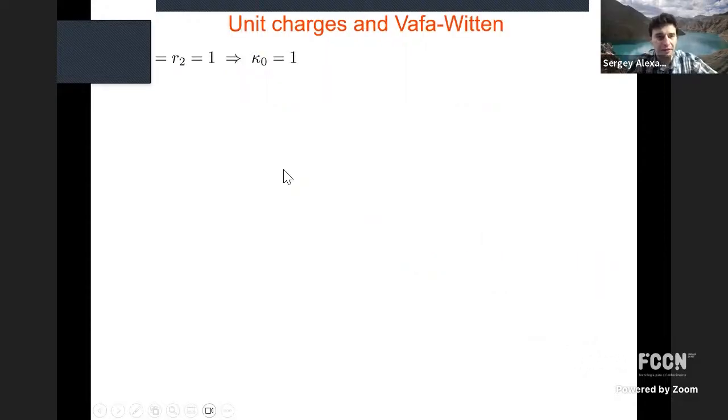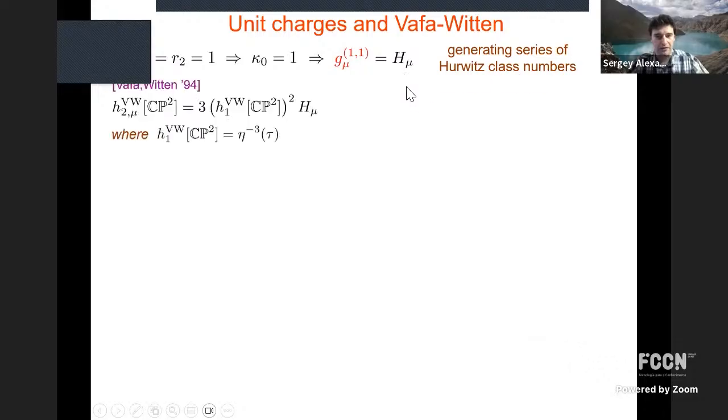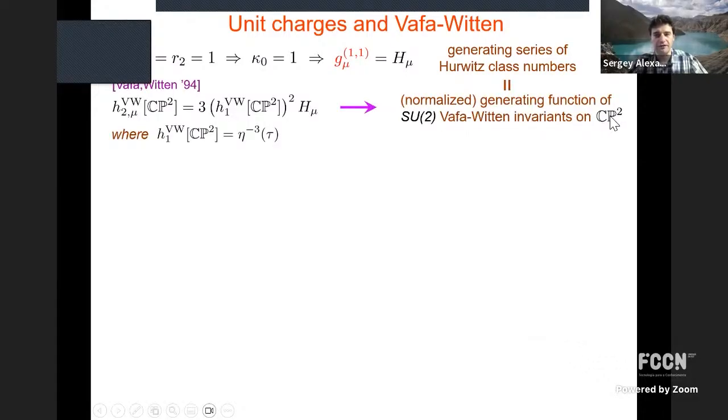Now let's consider a special case where all parameters are equal to 1, so that this effective parameter is also equal to 1. As I mentioned before, in this case the solution is just the generating function of Hurwitz class numbers. This is the same as the normalized generating function of SU(2) Vafa-Witten invariants on CP2. All this I already explained before.